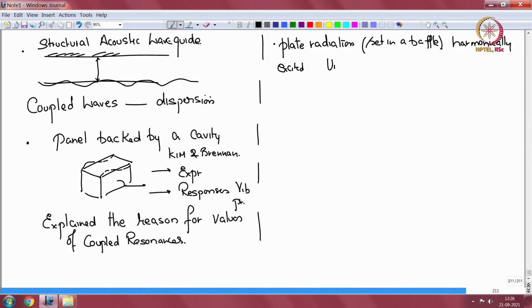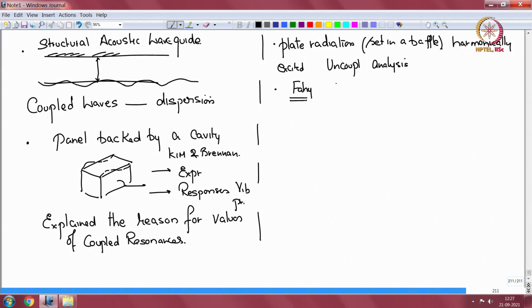And an uncoupled analysis. So this, as I said, I took a lot from the book by Fahy.